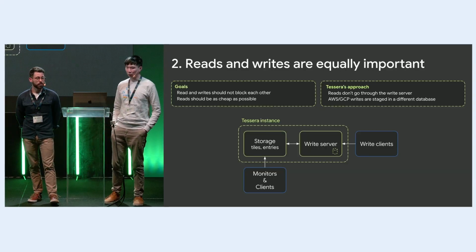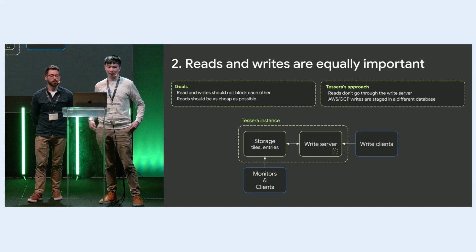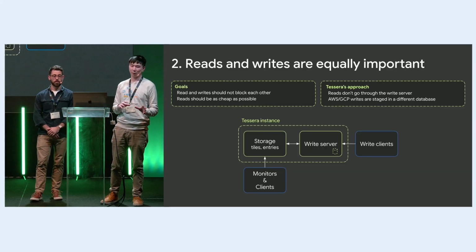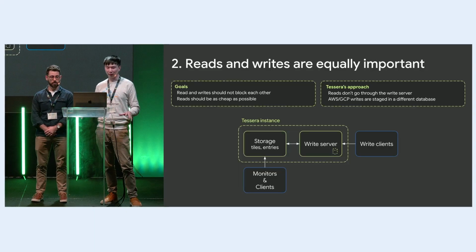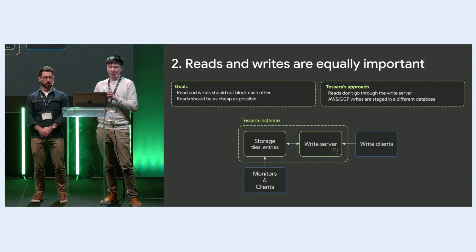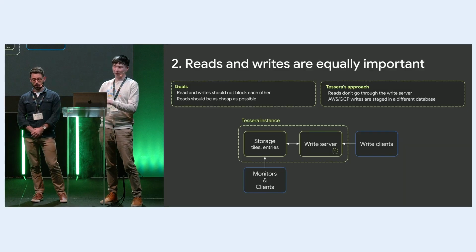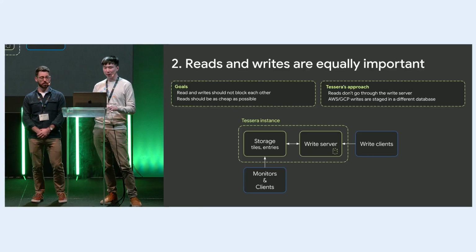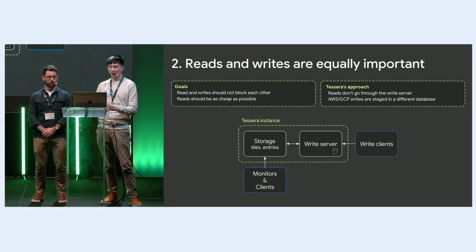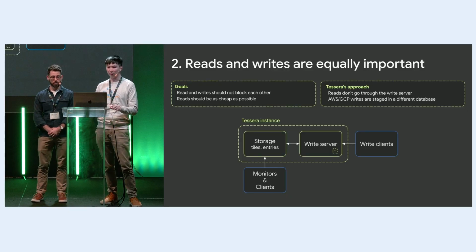Another challenge is that sometimes reads and writes could impact each other. Reads and writes are equally important. Another goal is to ensure reads are as cheap as possible. With Tessera, reads don't go through the write server.